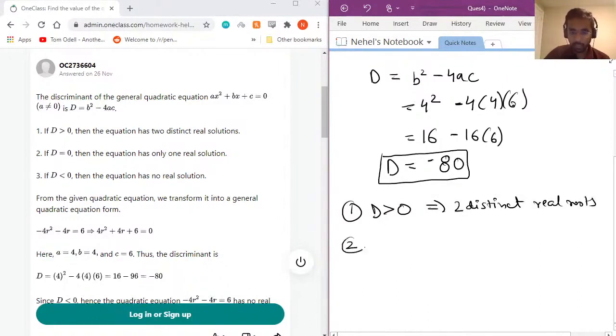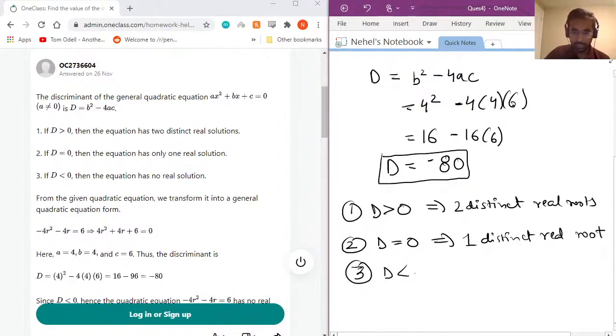Second, if D is equal to 0, the quadratic equation has just 1 distinct real root. And lastly, if the discriminant is less than 0, we will have to say that there are no real roots.